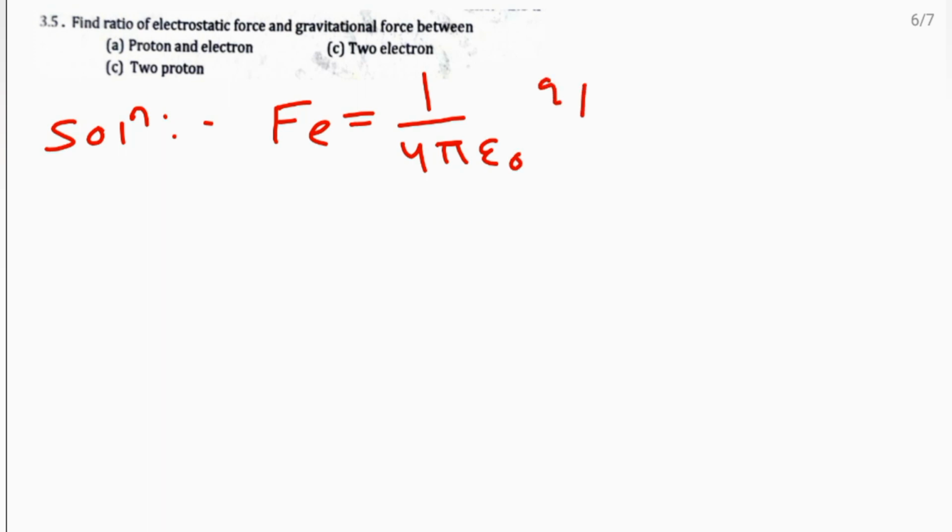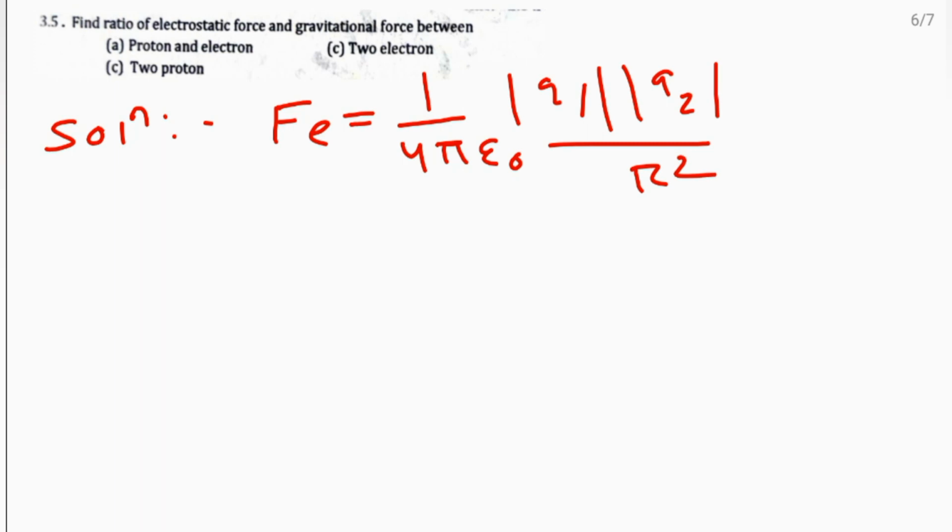Solution. Before calculating, let me remind you, the electrostatic force formula is what? 1 by 4 pi epsilon, modulus Q1 into modulus Q2 by R square. That is the force between two charged bodies.